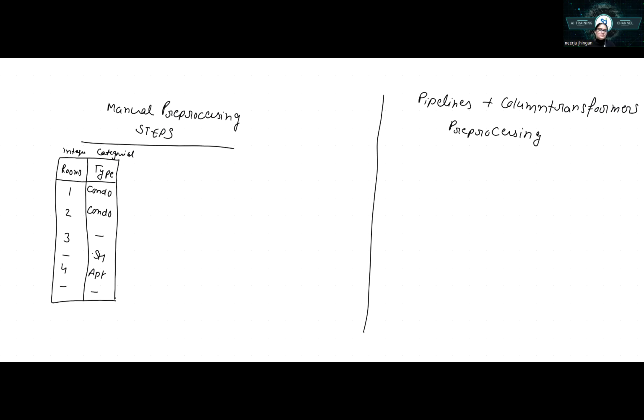what will you do? You will pick up the feature. Let's say you want to handle this missing value with the mean strategy, because it's numerical. So you will pick up the feature and fill it with the mean. Then the third step: you need to scale it.